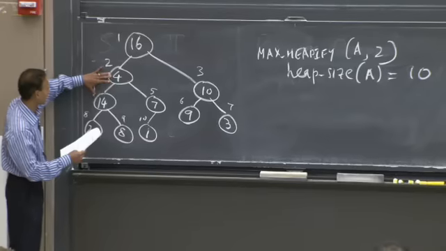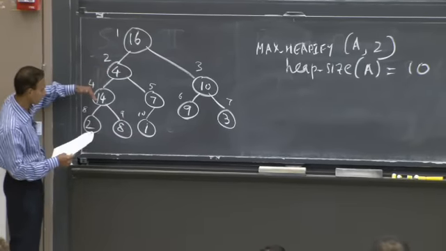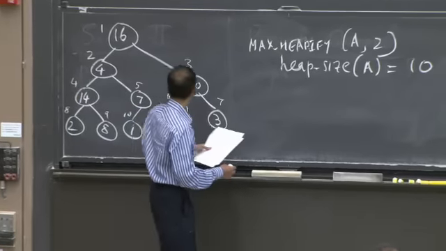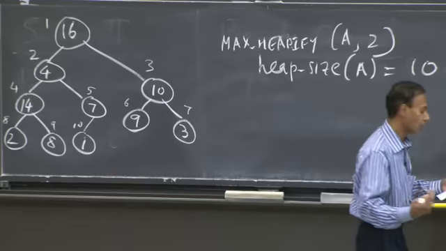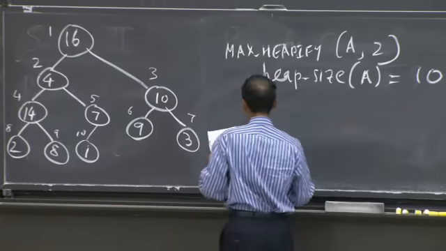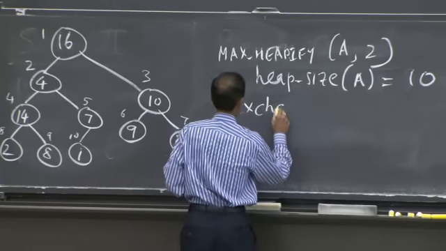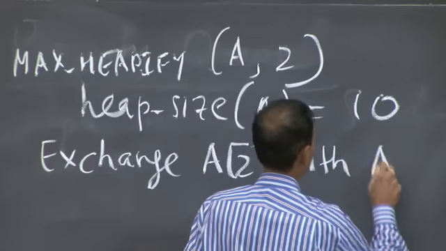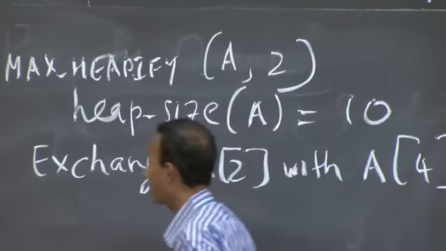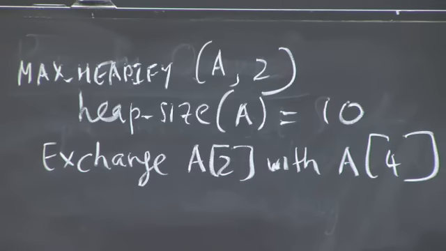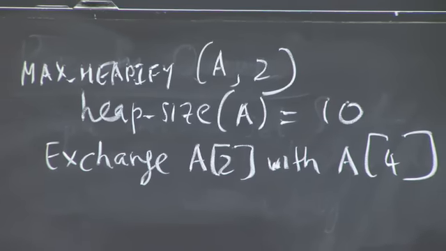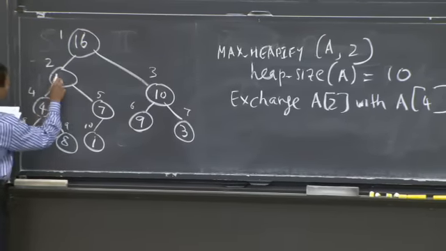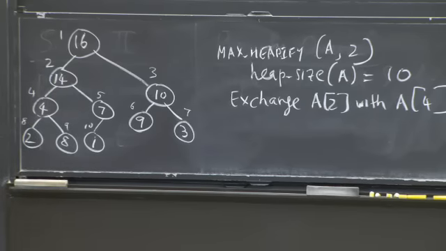If you walked through the code, you'd look at 4 and 14, and it says, I'm going to look at both my children, and exchange with the bigger child. So I'm going to exchange A2 with A4. What that would do is make this 4 and make this 14. And that would be step 1.